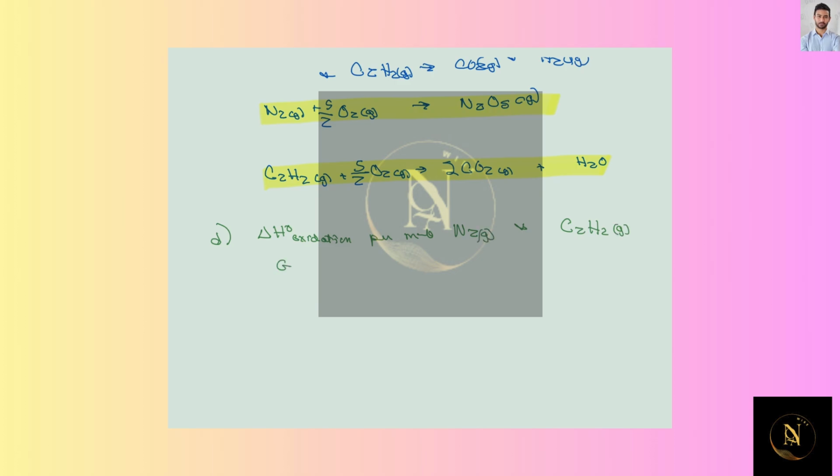And we're given that N2O5 has a delta H of formation of 11.30 kilojoules per mole.